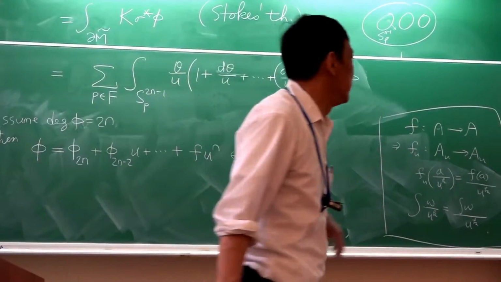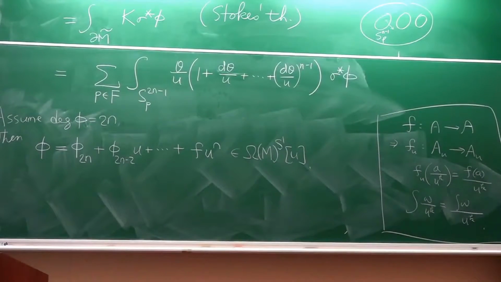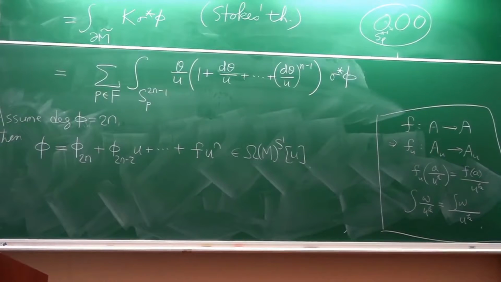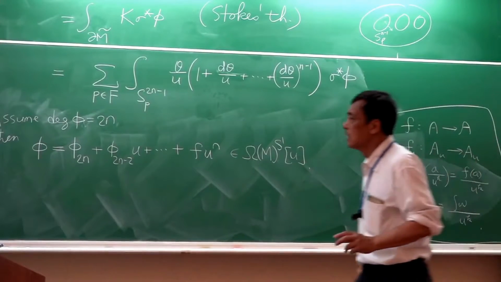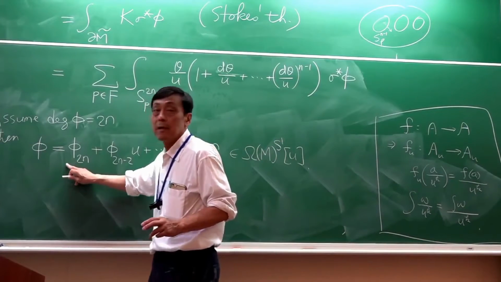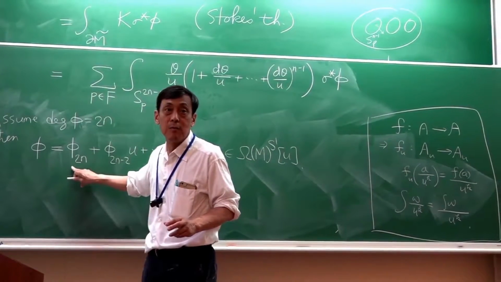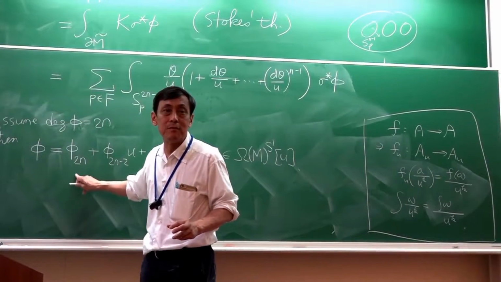We don't consider phi with higher degree, because basically what we want to integrate is an ordinary form of degree 2n.